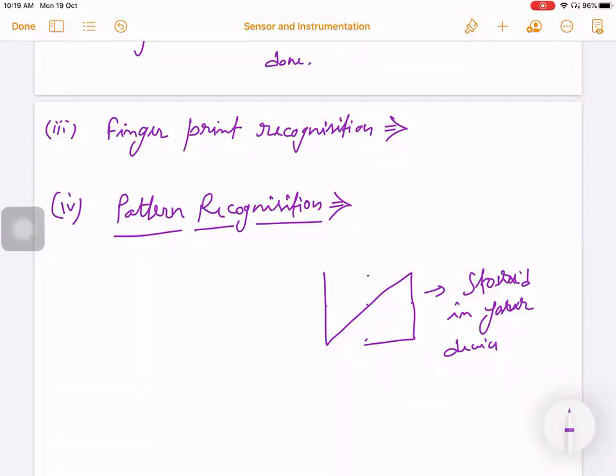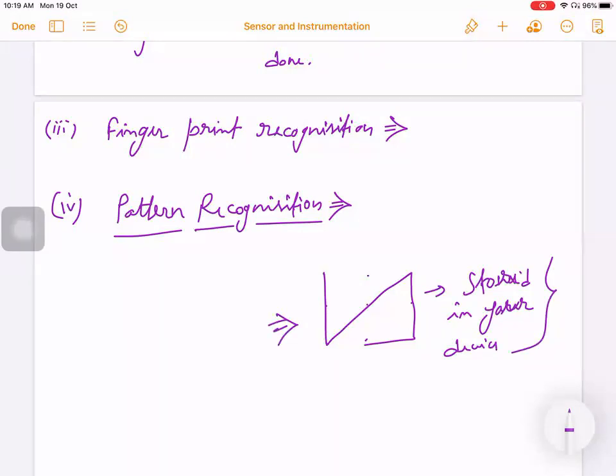So here you need a database, but in the mobile case you have just stored one pattern. This pattern is initially stored in your device, and whenever you want to access the data, you have to draw the same pattern. If the same pattern matches, then you are able to access your mobile phone, otherwise no.